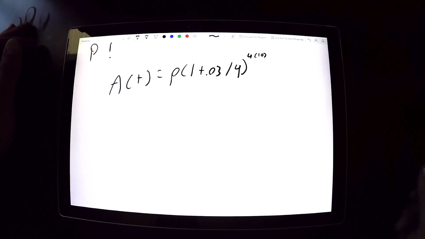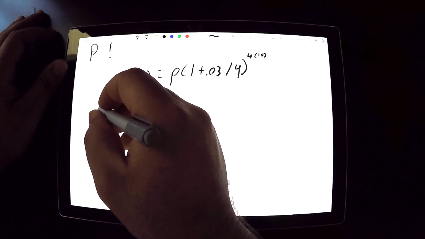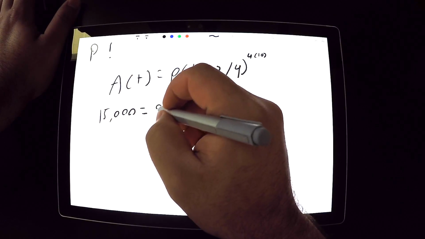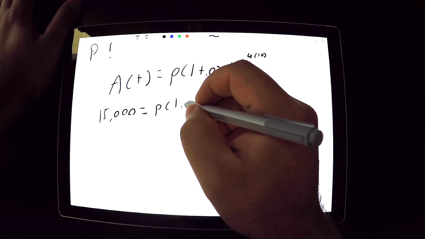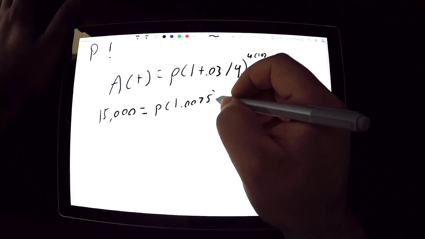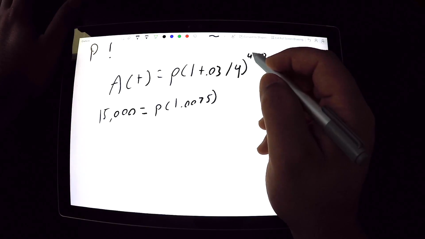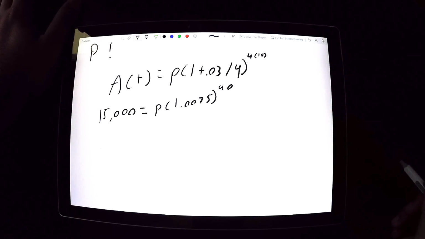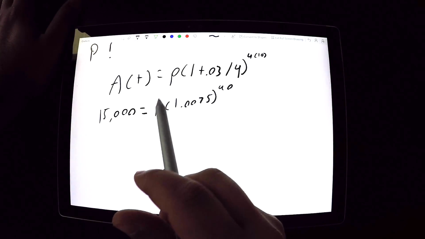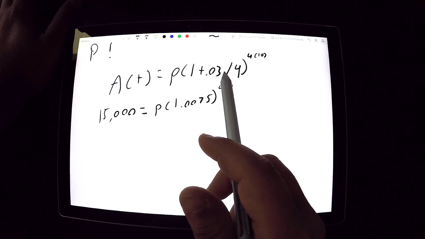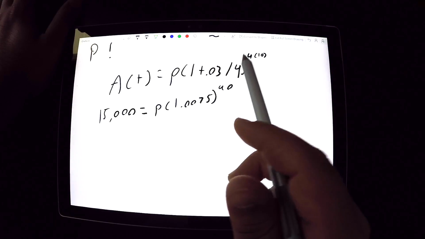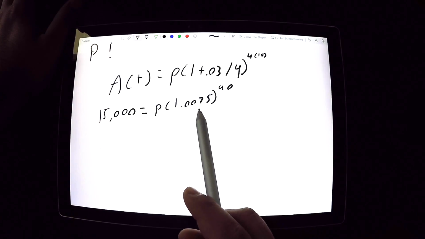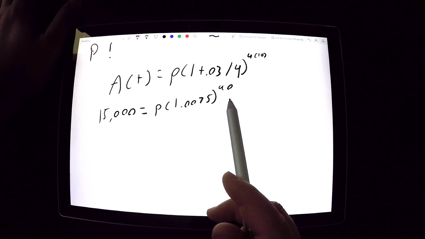Now we plug in 15,000 for the amount. So 15,000 equals P times 1.0075, and then you multiply 4 times 10, which gives you 40. You added the 1 plus 3%, and then divided by 4. That left you with 1.0075 to the 40th power.